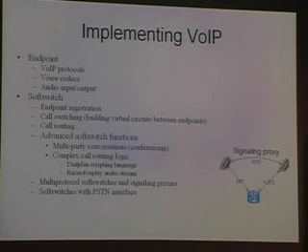In a voice IP network, we will have basically two types of nodes. The first type is the endpoint. The endpoint is what generates the audio data, the voice payload actually, and it talks some voice IP protocol.